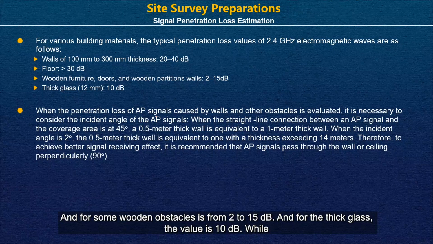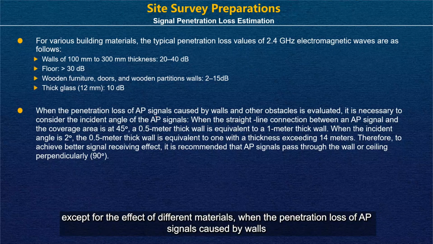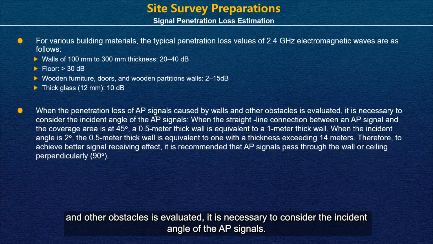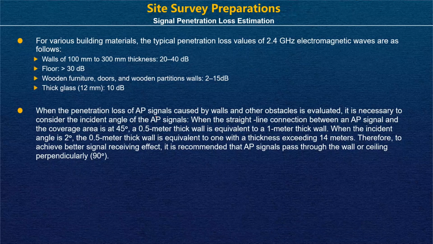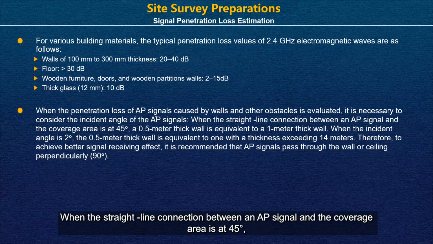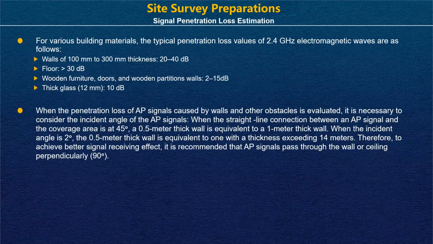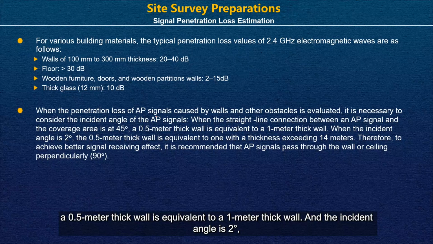Except for the effect of different materials, when the penetration loss of AP signals caused by walls and other obstacles is evaluated, it's necessary to consider the incident angle of the AP signals. When the straight line connection between an AP and the coverage area is at 45 degrees, a 0.5 meter thick wall is equivalent to a 1 meter thick wall.